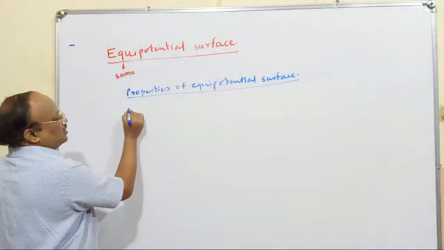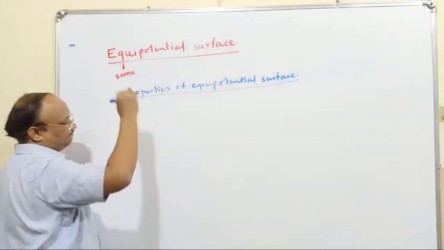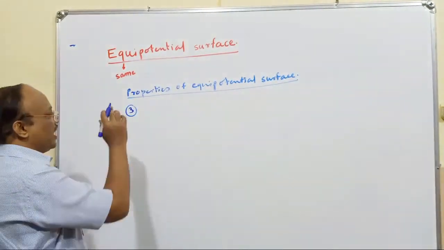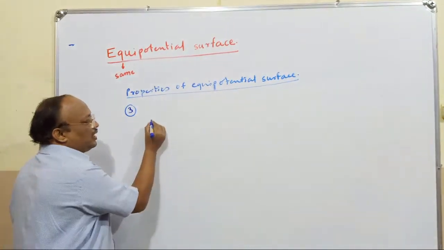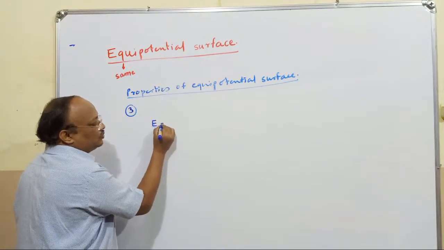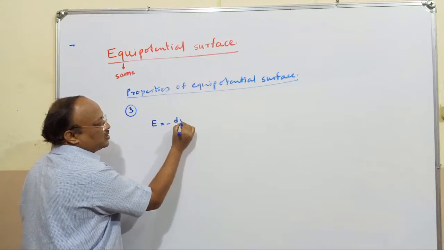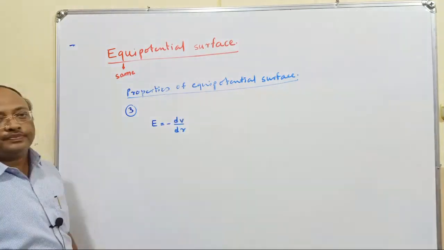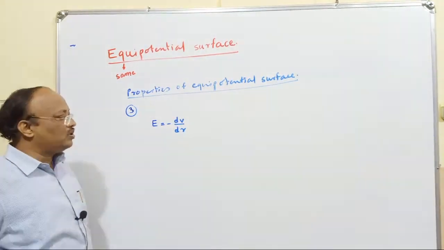So what is it? Third property. We have E is equal to minus dV by dr. Just now we have proved this.